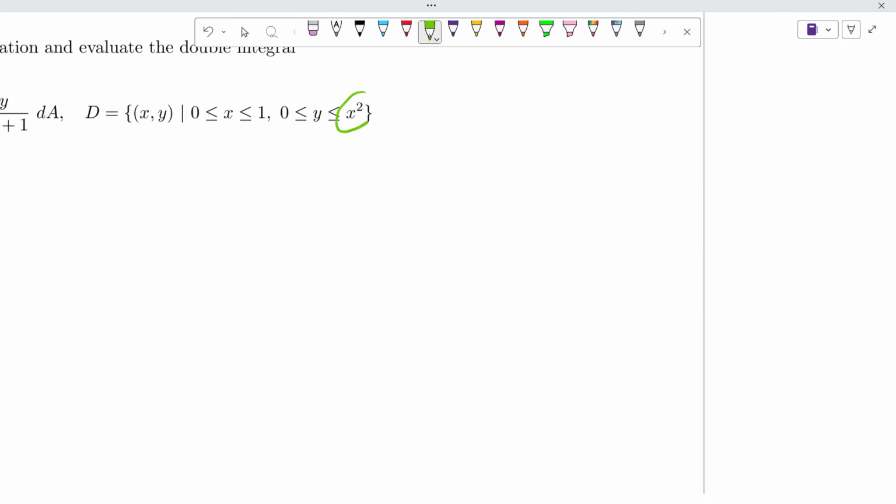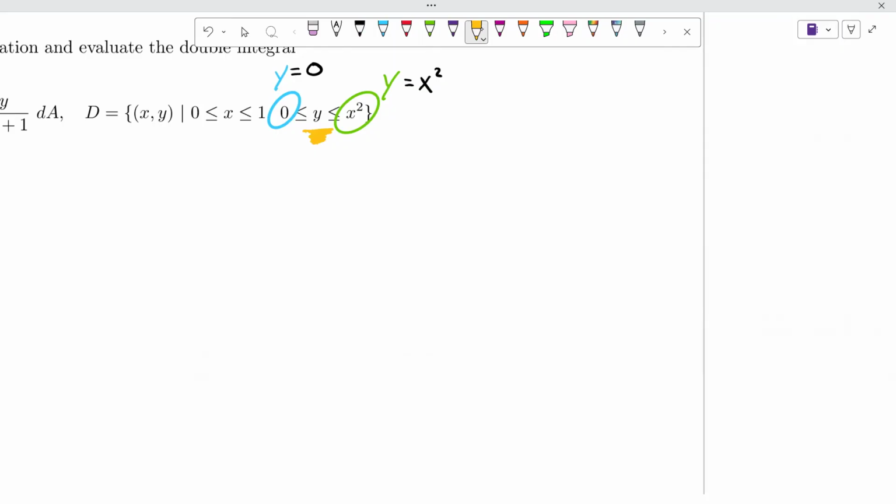I've got an equation right here, y equals x squared. And another one, this will be y equals 0. Right, I'm getting all of that because of the fact that y is in between those two functions.